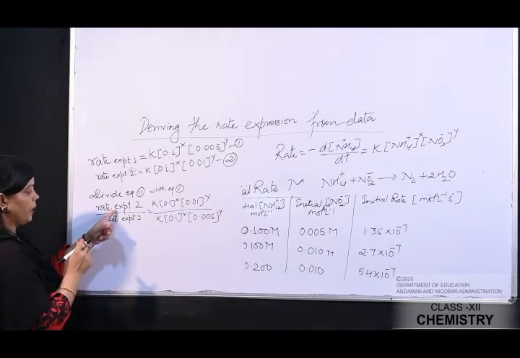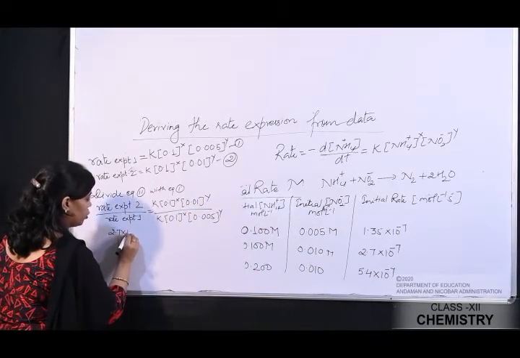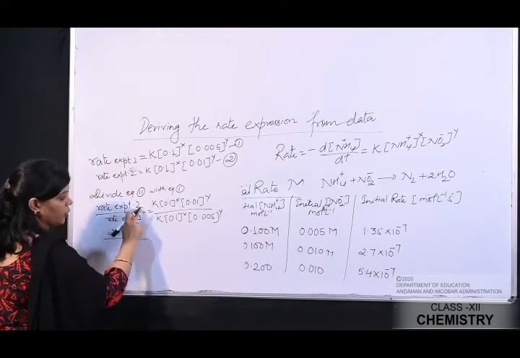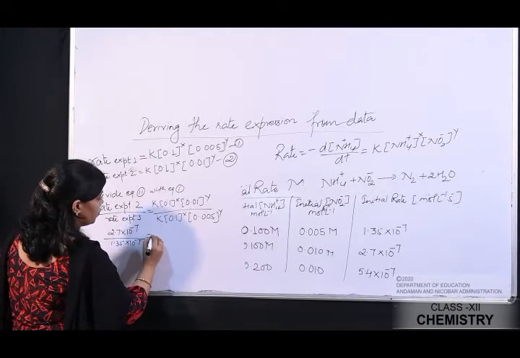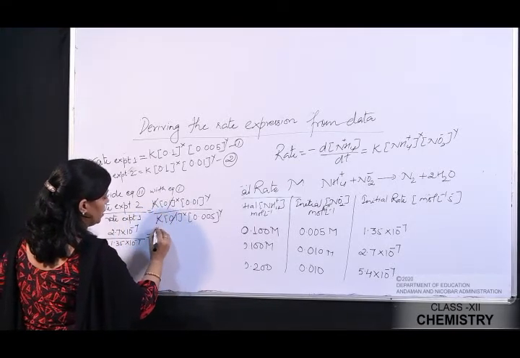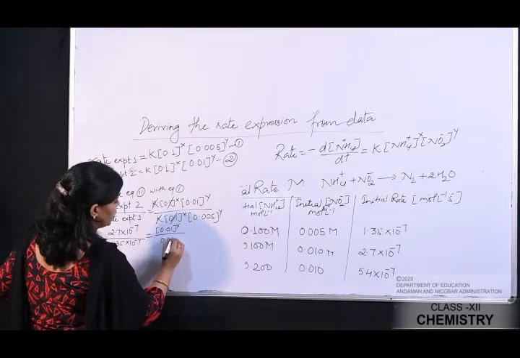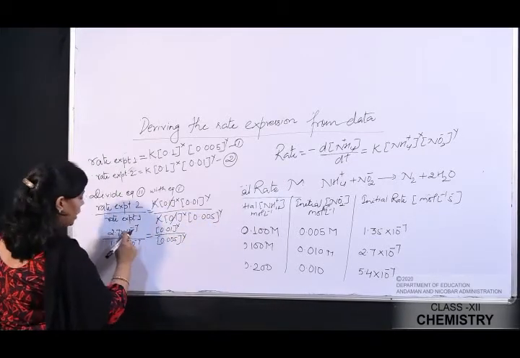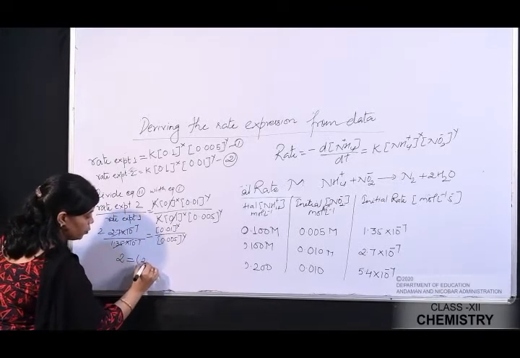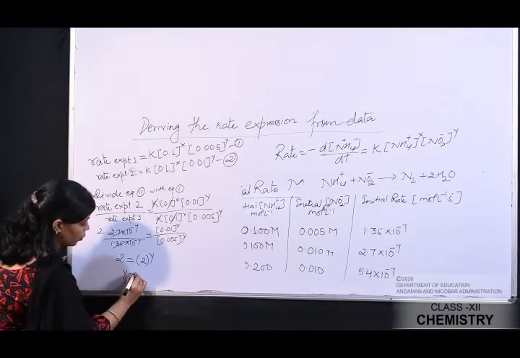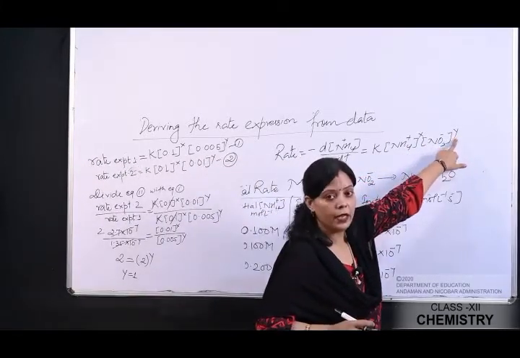The rate for experiment 2 is 2.7 into 10 to the power minus 7, and the rate for experiment 1 is 1.35 into 10 to the power minus 7, which is equal to, these two terms cancelled out, 0.01 power y divided by 0.005 power y. After solving this, we get 2. This 2 is equal to 2 power y. It means y is equal to 1. The exponent of nitrite anion, that is y, is equal to 1.